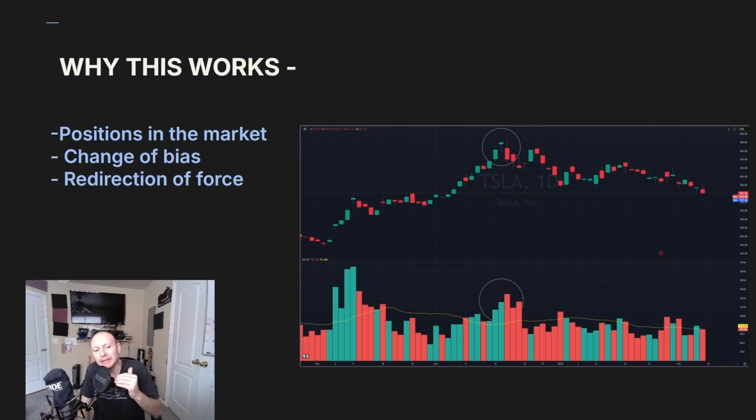So when we see positions coming into the market with a bias, we can see the bias by how the price is moving with a bias, and ultimately you see the bias changing. We know the bias changes. Why? Because we can see the volume. We can see the sales happening, right?